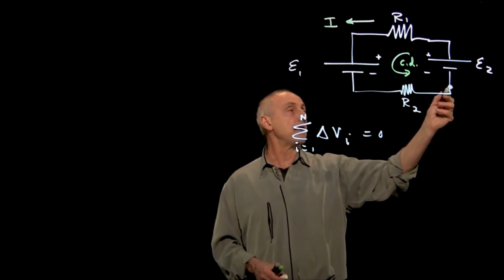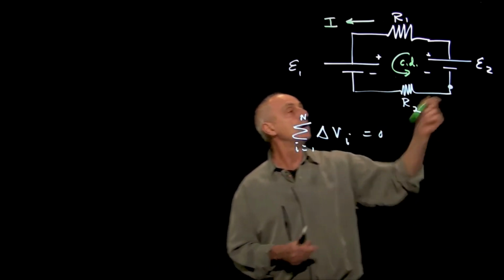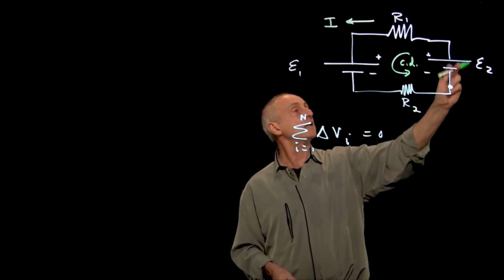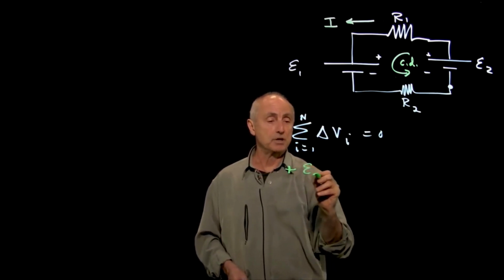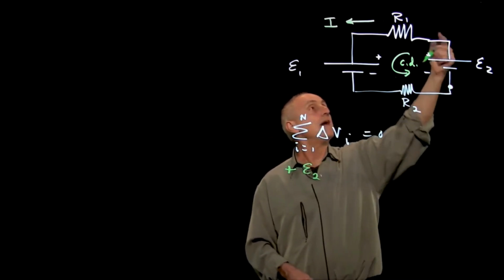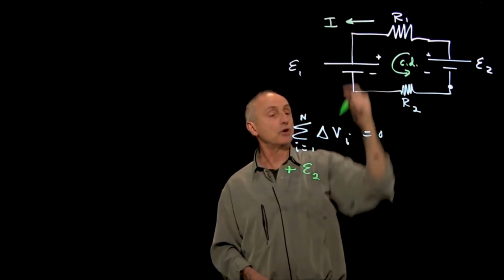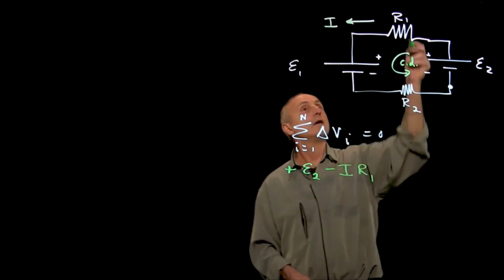So we can really pick any point to start. So let's start with the battery right here. As we circulate across this battery, we're going from the negative to the positive terminal, and according to our convention, that's plus E2. Then we're circulating across this resistor in the direction of the current, so that's minus IR1.